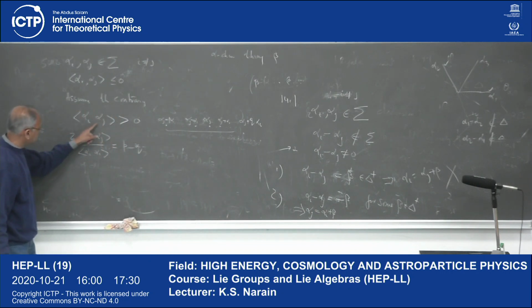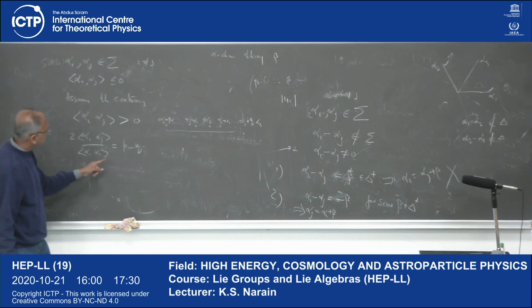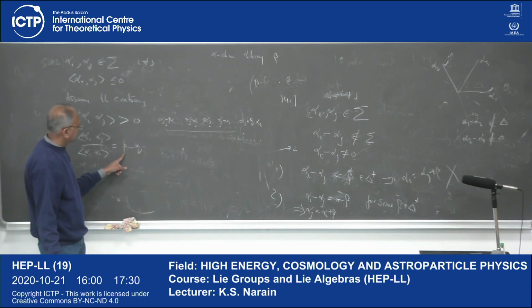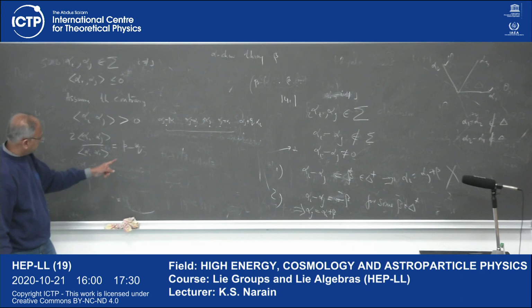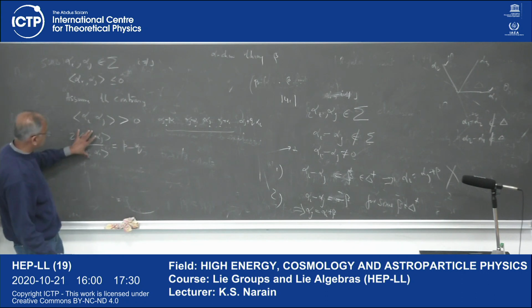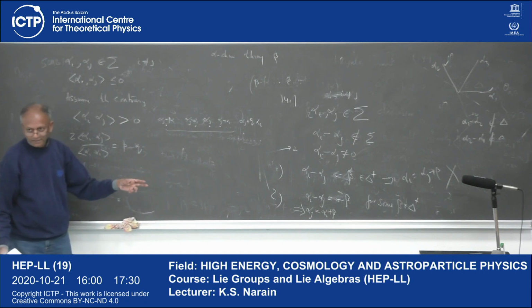Now, this is certainly positive. We already know this space is positive definite. And we are saying that if this is also positive, then the left-hand side is positive. That means P must be certainly greater than 0. Suppose this was plus 1, then P must be equal to Q plus 1.